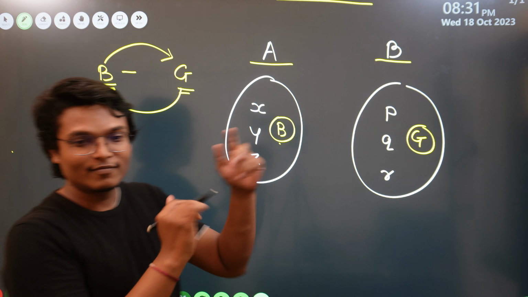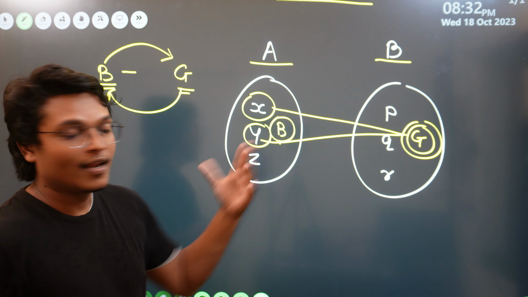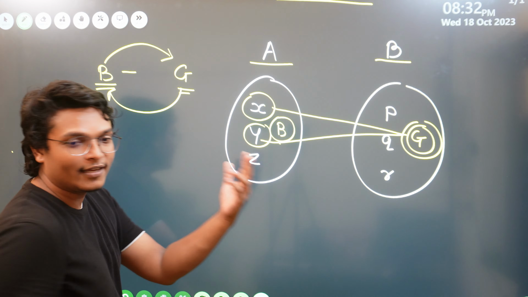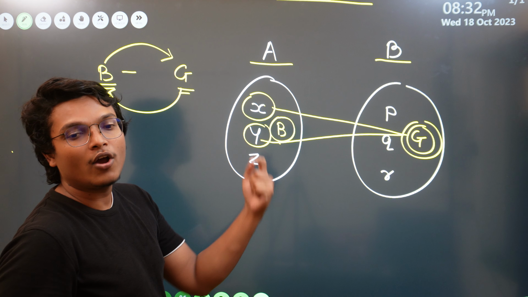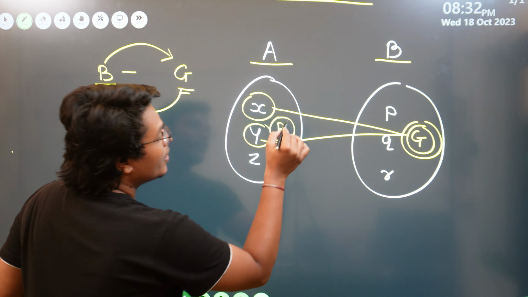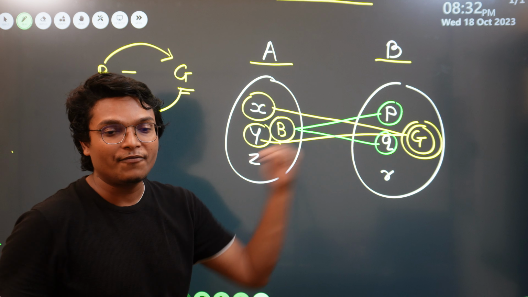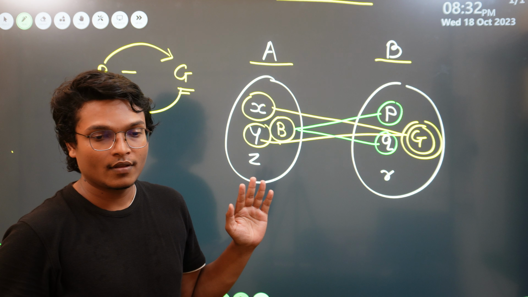But if I talk about the parents of the bride, if X and Y are parents of the bride, then the groom is going to be related to them. This will be the groom's in-laws, the mother-in-law and father-in-law. In the same way, for the bride, the father and mother of the groom are going to be the mother-in-law and father-in-law.